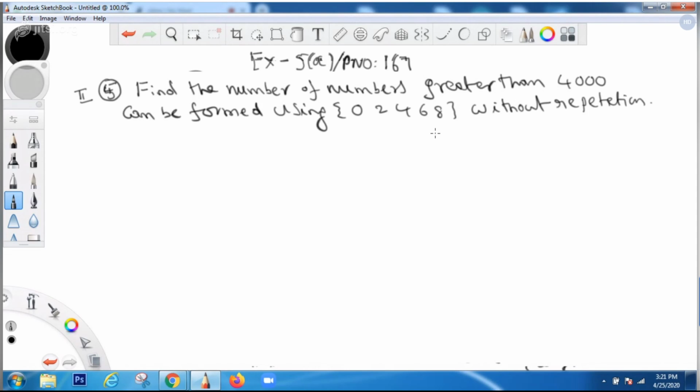So we have to find the numbers which are greater than 4,000 using 0, 2, 4, 6, 8 without repetition.